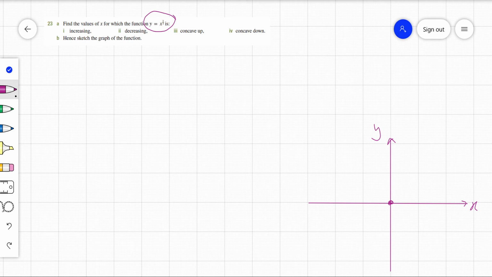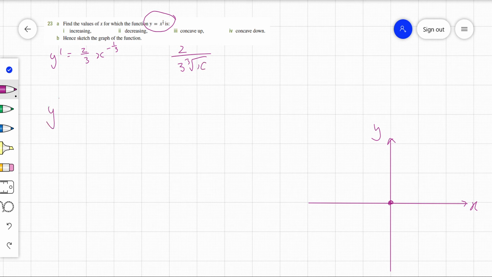But of course, increasing, decreasing, concave up, concave down. So increasing, decreasing, we're talking about y dash. So let's have a look at y dash. When I differentiate, 2/3 x to the minus 1/3 there. Another way to write that would be 2 over 3 cube root of x.